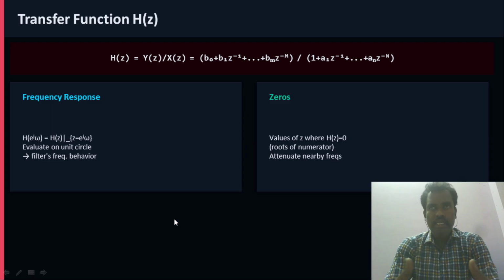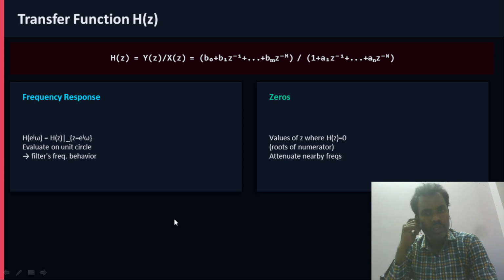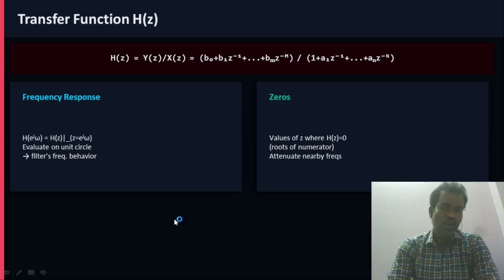We can decide the system stability and some characteristics by using the roots of this numerator and denominator. The denominator roots indicate the poles of the system, and the numerator roots indicate the zeros of the system. Based on the pole location, we can decide whether it is a stable or unstable system.